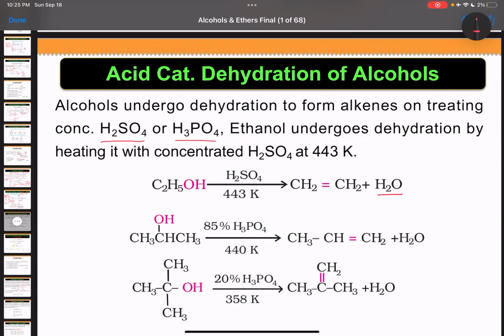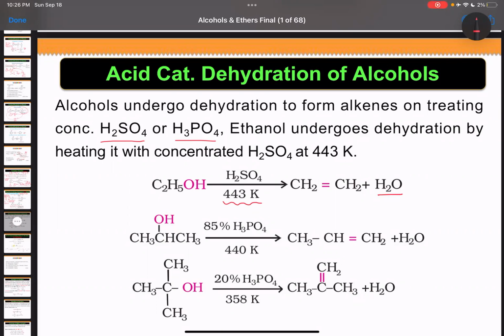This is not a redox reaction. This is an elimination reaction because two groups are removed, and you require heating. The more branching there is on the alcohol, the more easily the water will be removed.